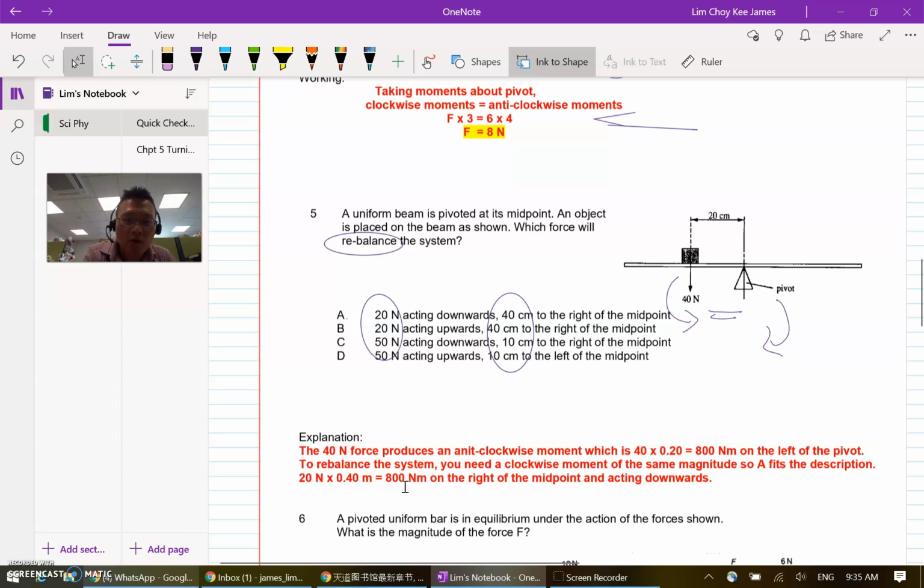To do that you need to first identify what is the anti-clockwise moment. The anti-clockwise moment in this case is 40 Newton multiplied by the distance, which is 20 cm. Please change it to 0.20 meter. You'll find that this will be 8 Newton meter.